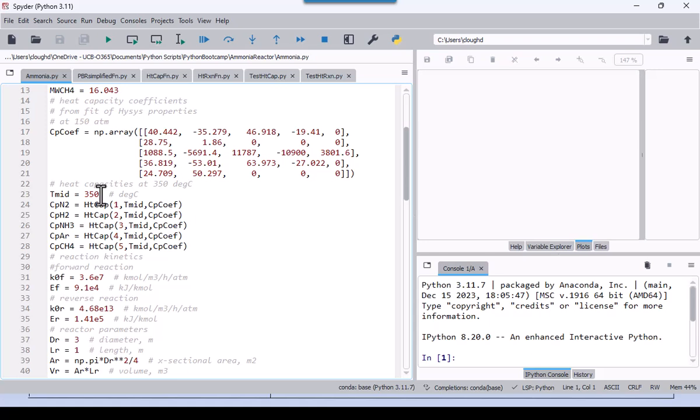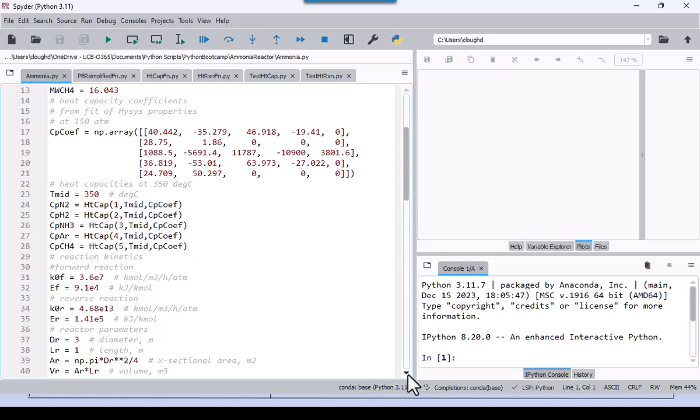And then we go into our heat cap function, which is a separate file, to calculate our heat capacity estimates for our mid-range temperatures. And the CPCOEF is this array of parameters here. And then the 1, 2, 3, 4, 5 are codes for our components: nitrogen, hydrogen, ammonia, argon, and methane.